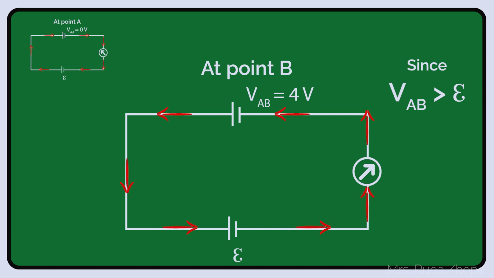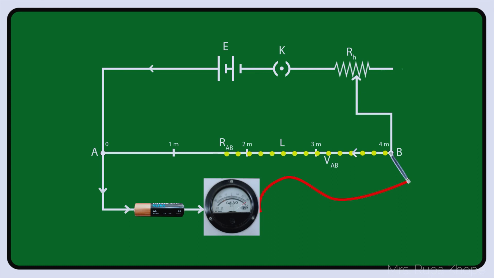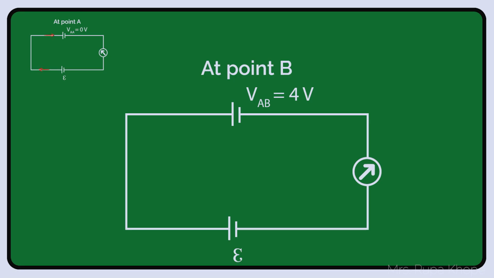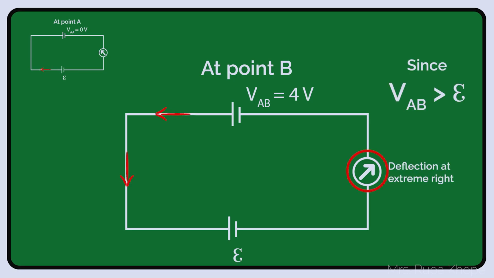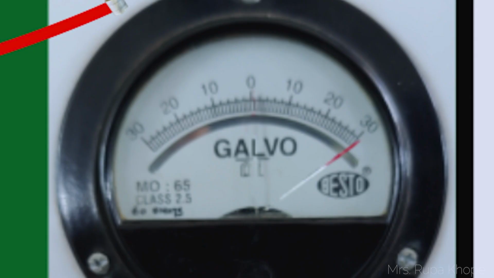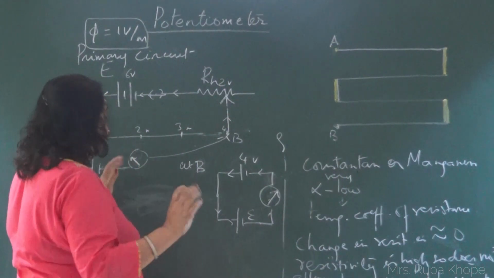How is the current flowing? It flows from B like this. So the current flows in the opposite direction. When the current flows in the opposite direction like this, the galvanometer will show full scale deflection on the right. This part is over.